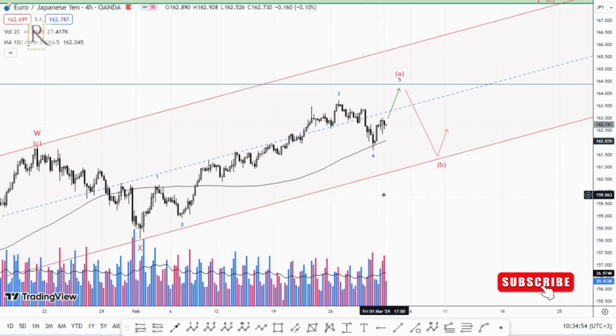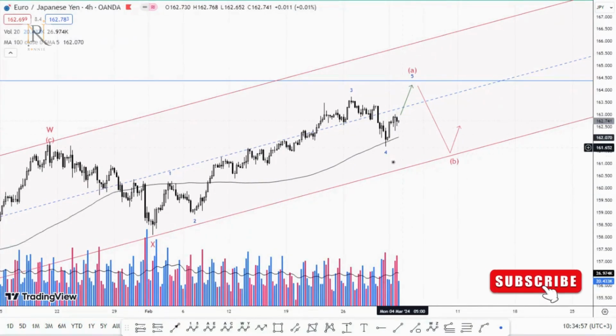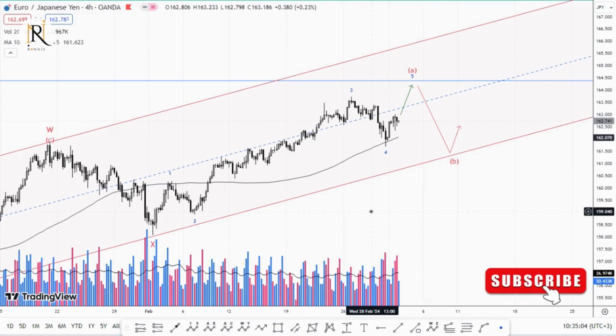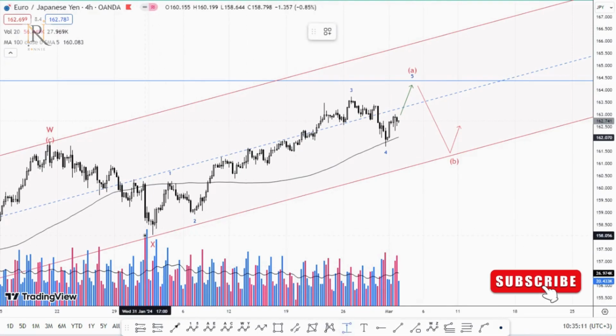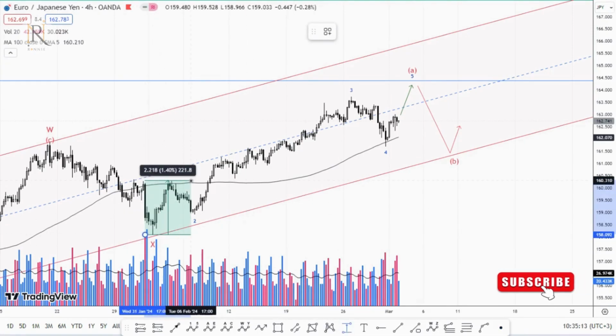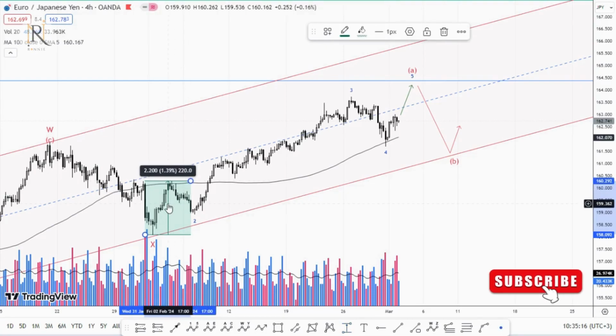When we are looking at the impulsive wave structure, the reason this is important is the rules of impulsive waves. We are trading wave 5 currently, and remember, wave 5 can be equal to wave 1, or can be 38% of wave 1 to 3.